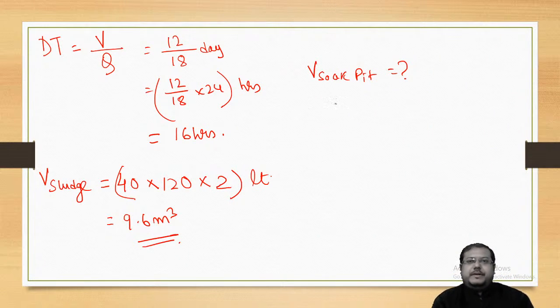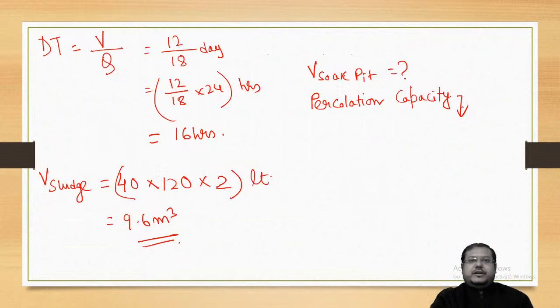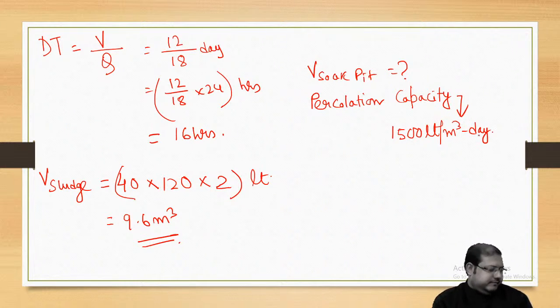The volume of soak pit, here percolation capacity is given as 1500 liter per meter cube day.